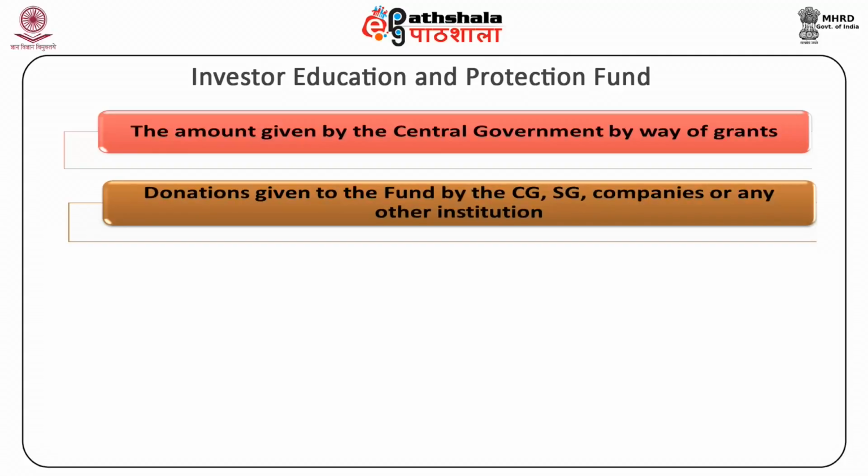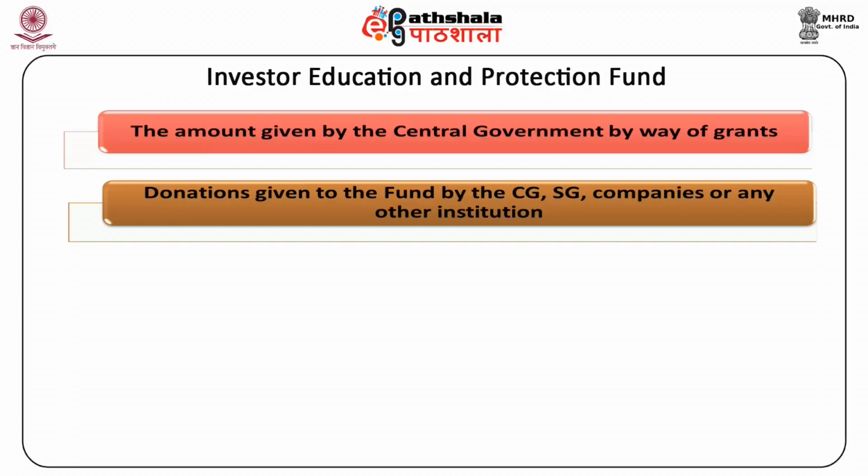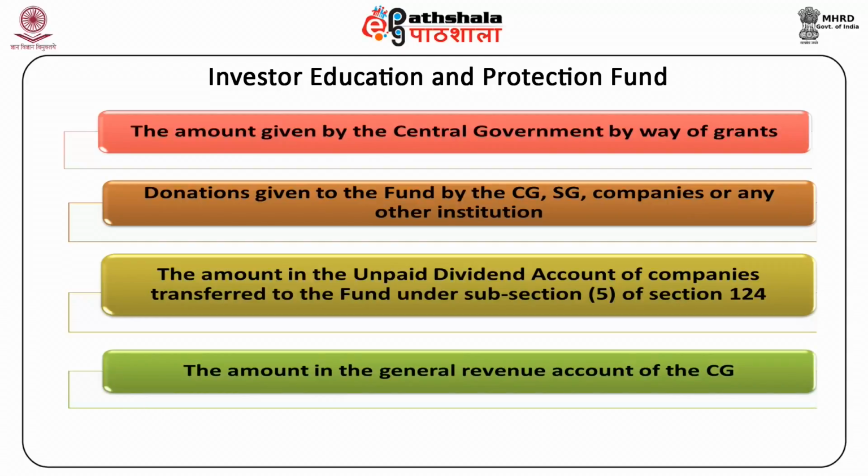B. Donations given to the fund by the central government, state governments, companies, or any other institution for the purposes of the fund. C. The amount in the unpaid dividend account of companies transferred to the fund under subsection 5 of section 124.